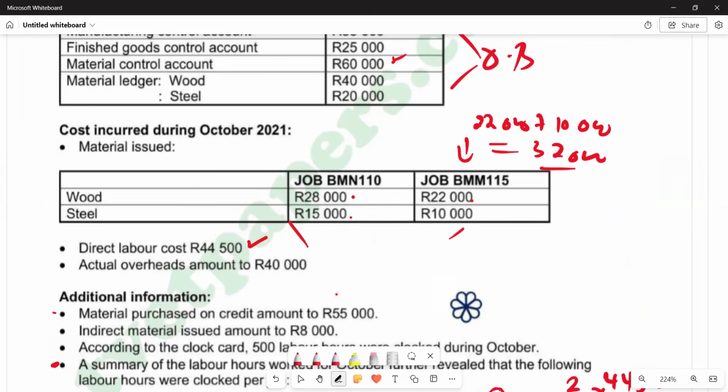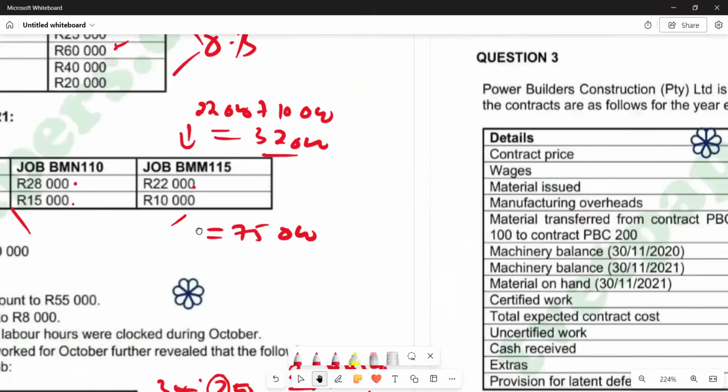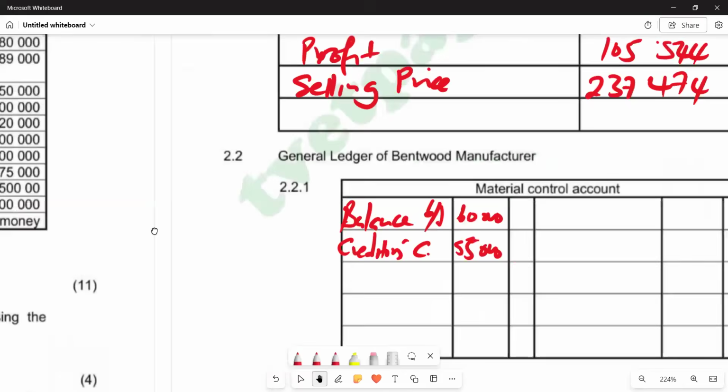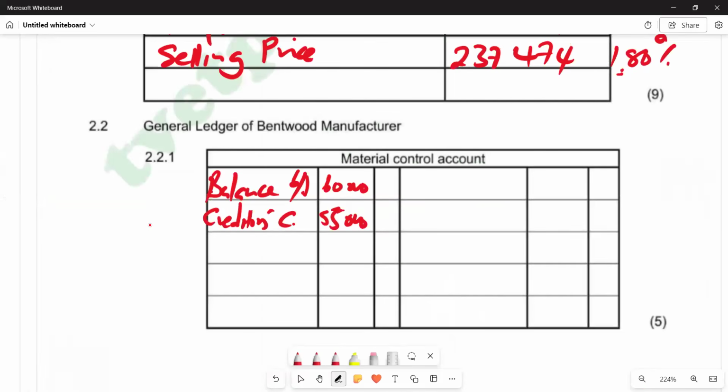If you add 28,000 plus 15,000 plus 22,000 plus 10,000, you are going to get 75,000. So this is another one that you're supposed to credit in the material control because it's being transferred from the material control to production. So we are now saying 75,000 on the credit side, production control.